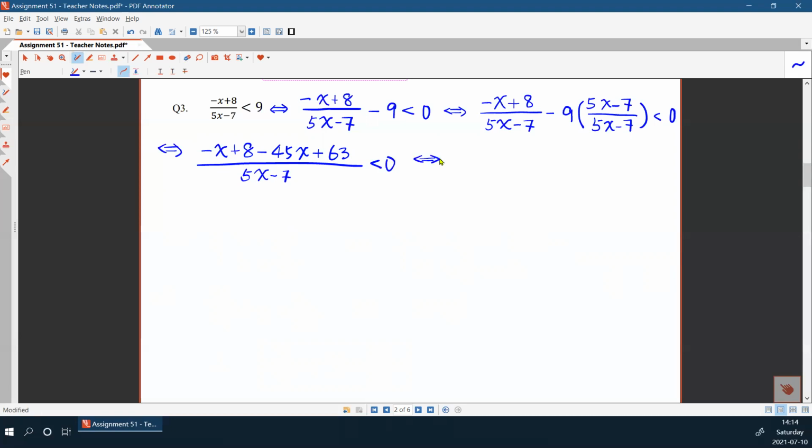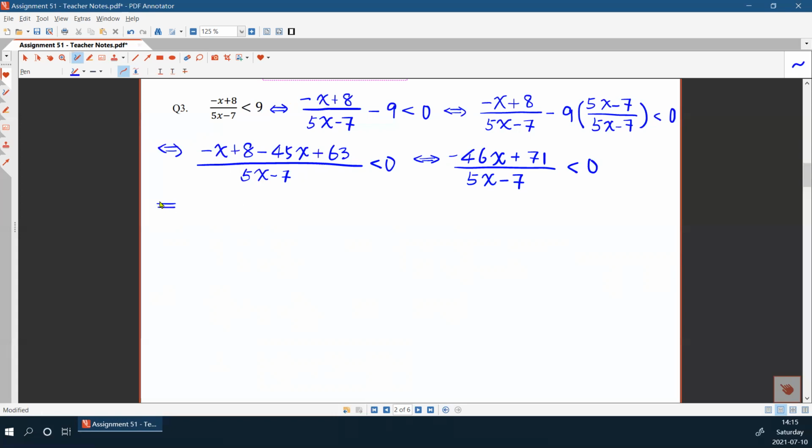And this is equivalent to, let's simplify the numerator now, minus x minus 45x, which is minus 46x, right? And plus 8 plus 63 is 71 over the common denominator 5x minus 7, less than 0.